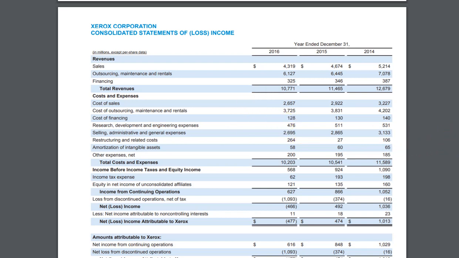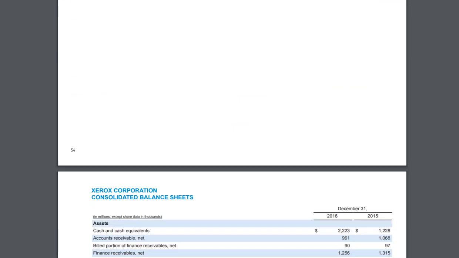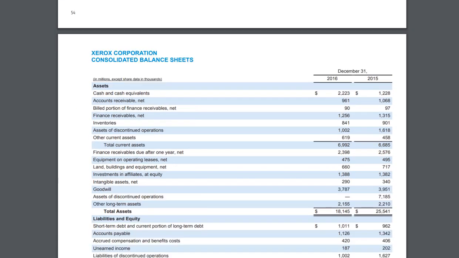So for instance, if I were working on Xerox's financial statements, looking at a balance sheet or looking at my trial balance, and I saw that inventories was listed at a certain number, $141 million in this instance.